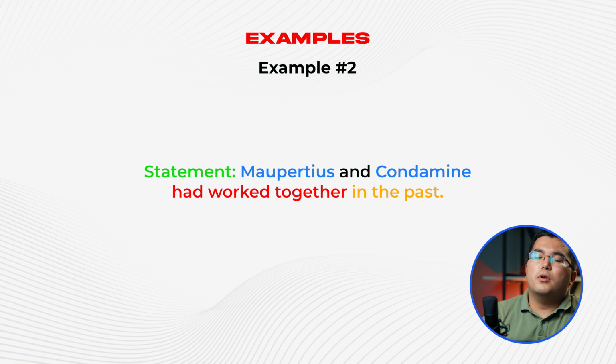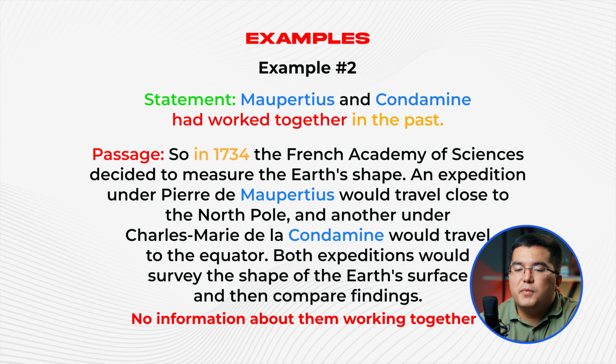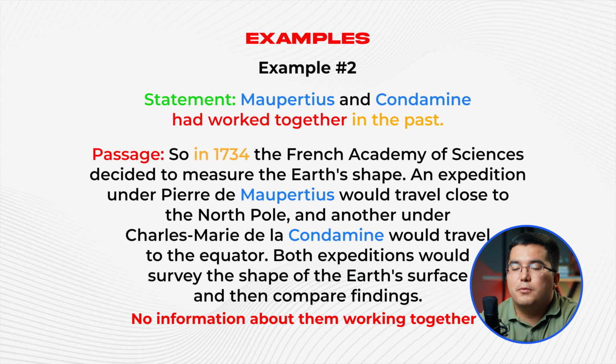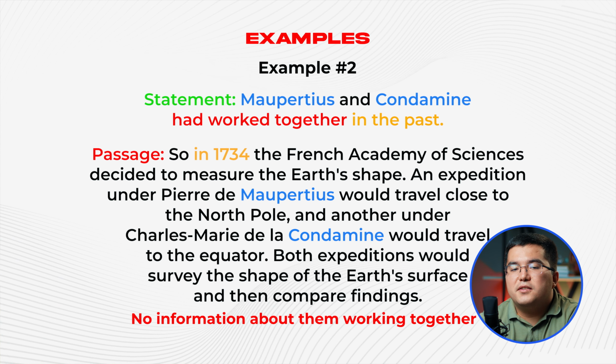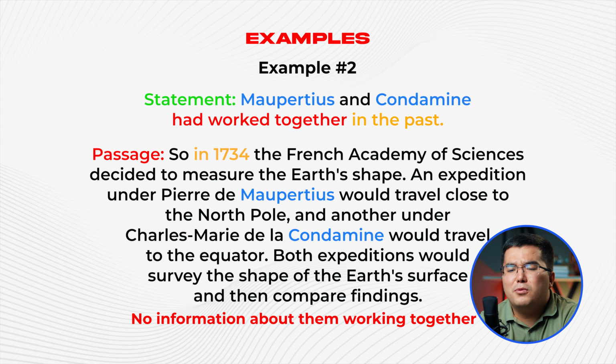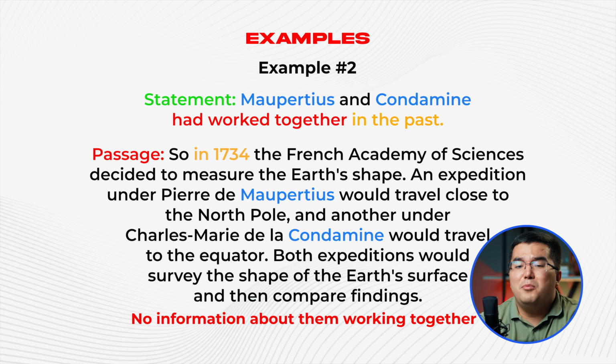So what I do, I come back to the passage, I start reading about this Maupertuis, I see this Condamine, but you know what? I cannot find information about them working together, about their collaboration. If inside the text they gave me keywords like collaboration, cooperation, working together, teaming up, the answer would be true.